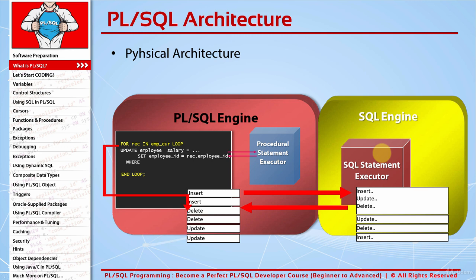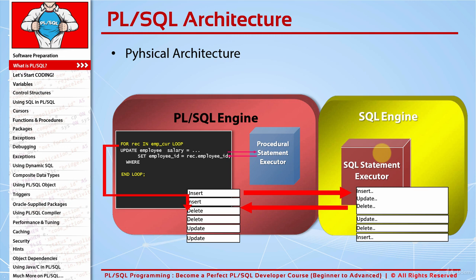All your SQL operations are done in SQL engine. SQL statement executor does these operations: inserts, updates, deletes, query returns, etc. PLSQL engine is a bit more complicated. Now we know that your PLSQL generally cooperates with SQL engine. That means if you do an SQL thing, this part is handled by SQL engine.